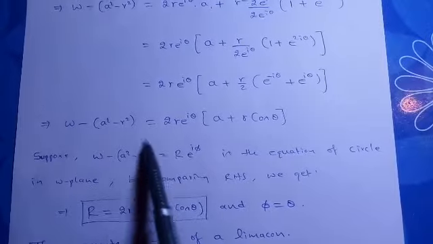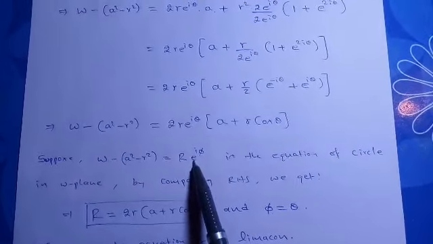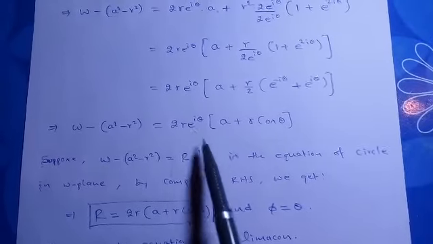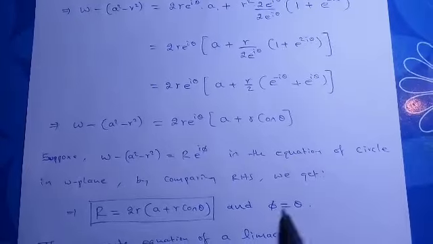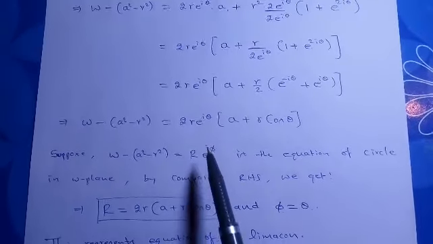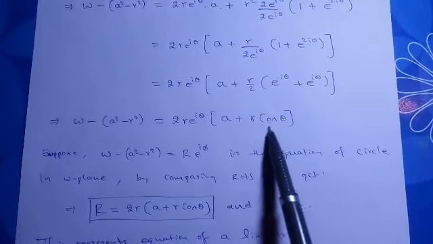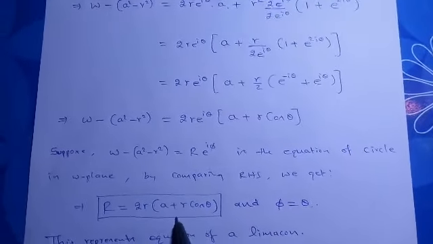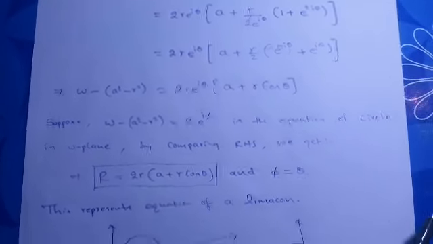Then by comparing these two equations, LHS are the same. By comparing RHS terms, e power i phi, here also e power i theta. So theta equals phi, or phi equals theta, and in the place of capital R we have 2r into a plus r cos theta. This equation represents a limaçon in w plane.